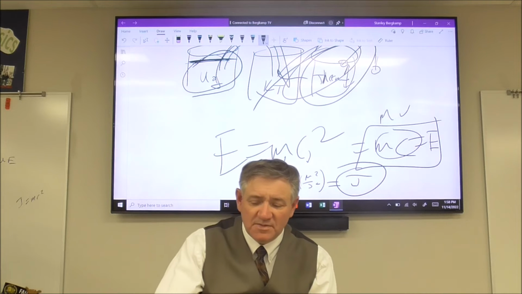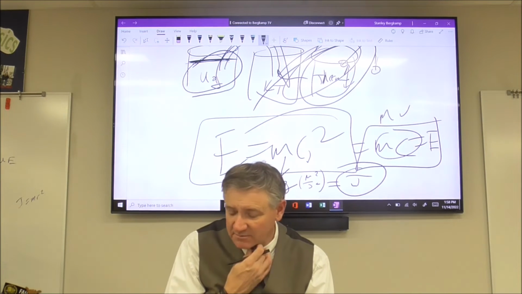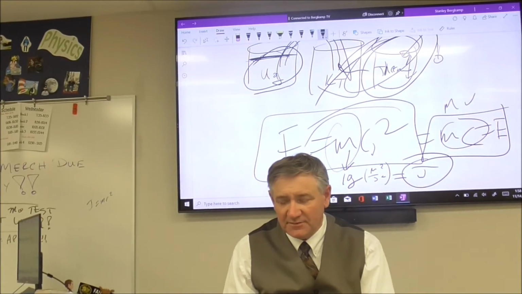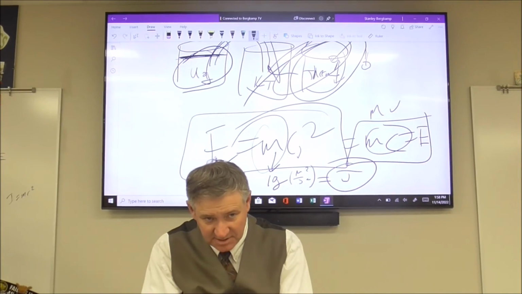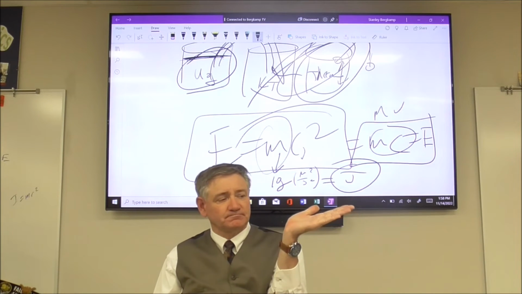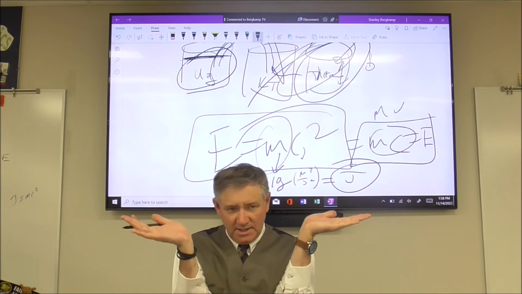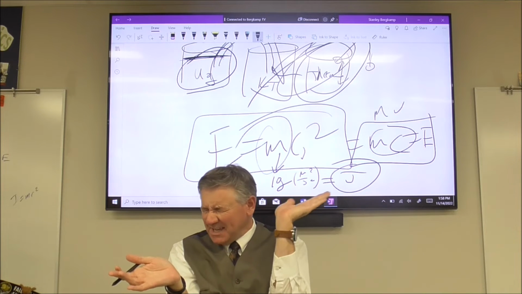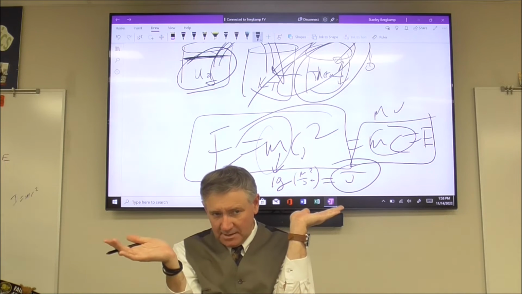Basically, we'll talk more about this when we get into the fourth nine weeks. So here's the short version. If you look at the sun right now, the sun is smashing together hydrogen and producing helium. If you had a balance, and you put 4 hydrogen atoms on one side, and 1 helium atom on the other side, the 4 hydrogen atoms have a tiny bit more mass than the 1 helium atom does by itself.